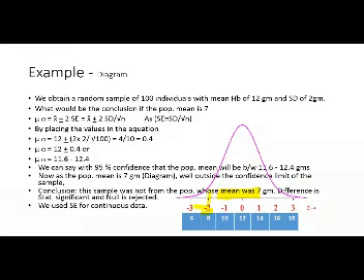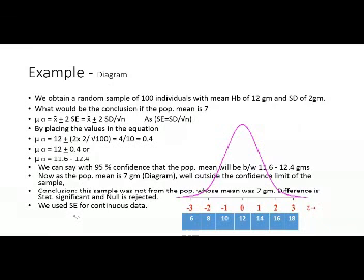Now we can reject the null hypothesis, and the conclusion is the sample was not from the population whose mean was 7 grams. The difference is statistically significant and null is rejected.